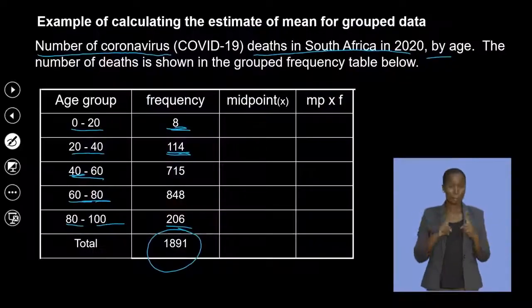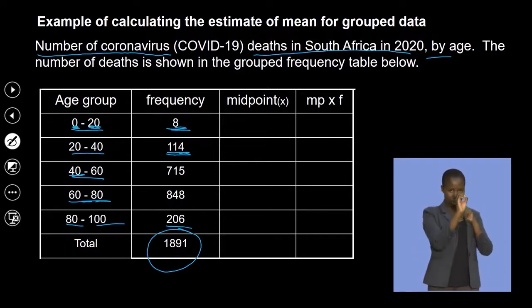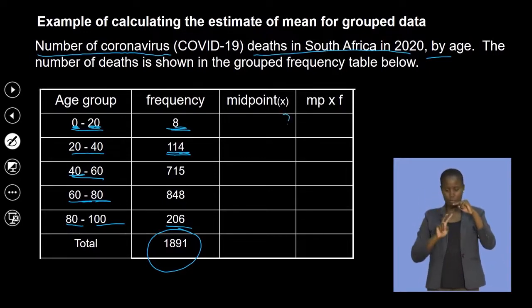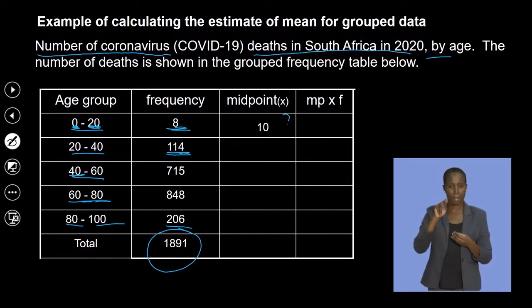Now, to find the midpoint, we're going to say 0 plus 20 divided by 2. We find the midpoint for them. 0 plus 20 divided by 2, we get 10. That's the midpoint. Then we go 20 plus 40 divided by 2, we get 30.